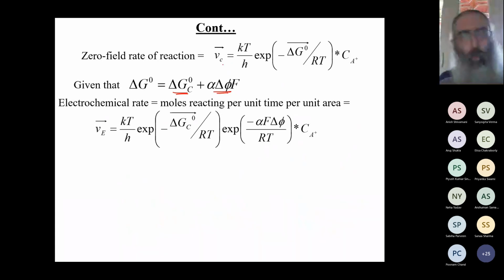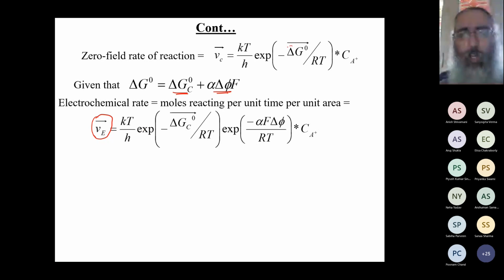So then we can use the same formalism as the zero field rate of the reaction and say that the electrochemical rate, which I'm distinguishing from the chemical rate by using nu E as the subscript instead of C, is nothing but kT by h exponential.